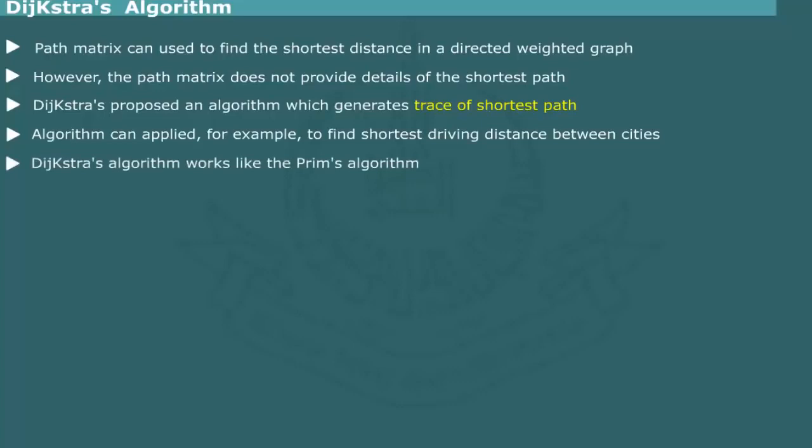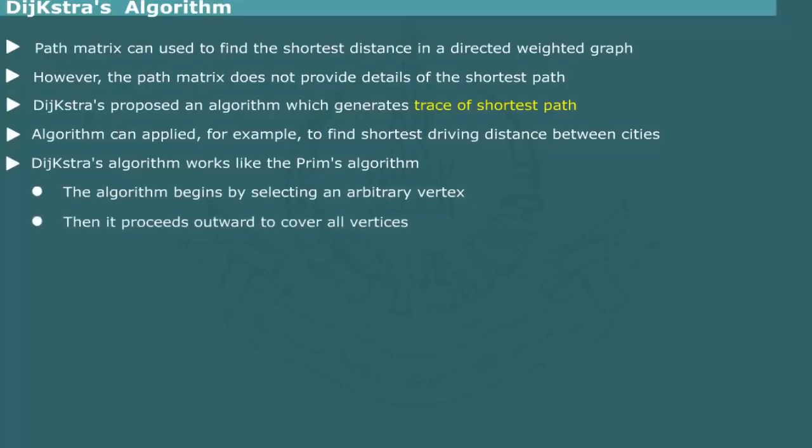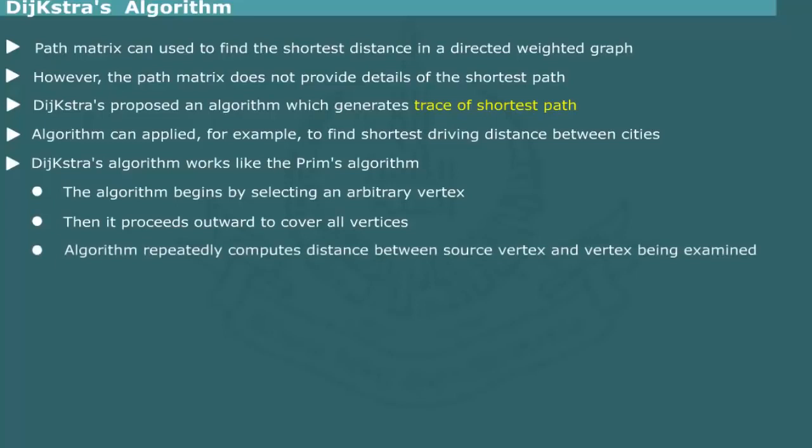Dijkstra's algorithm works like Prim's algorithm. It begins by selecting an arbitrary vertex and proceeds outward to cover all vertices. Unlike Prim's algorithm, however, Dijkstra's algorithm repeatedly computes the distance between a source vertex and the vertex being examined and selects the sequence of edges which yields the smallest summation.